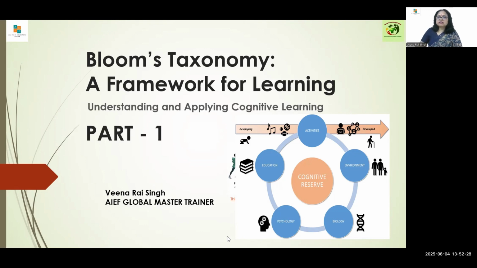Our objective is to understand the structure and purpose of Bloom's taxonomy, explore how it applies to lesson planning and assessments, and gain knowledge about practical strategies to apply it in our own teaching or learning experiences. So let's begin.